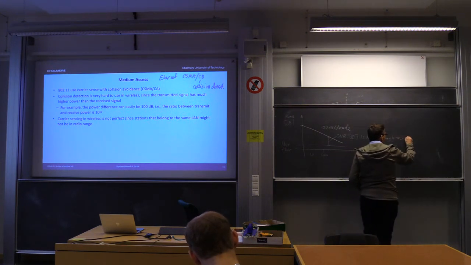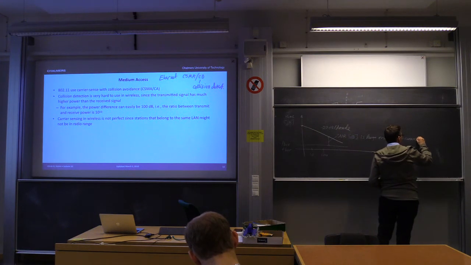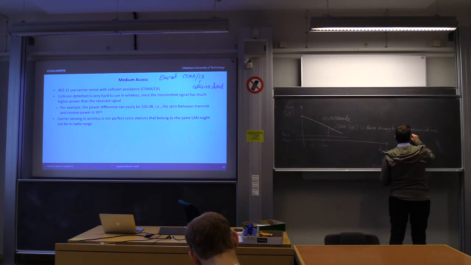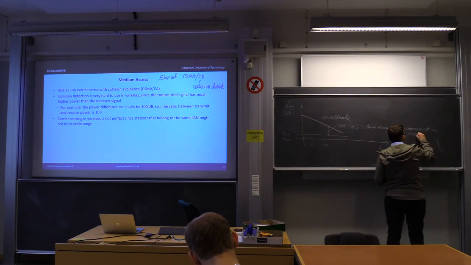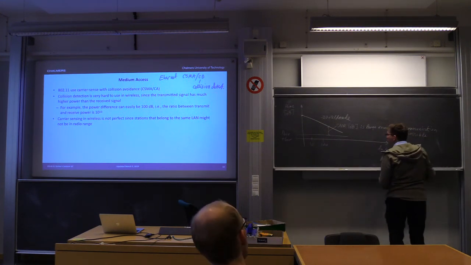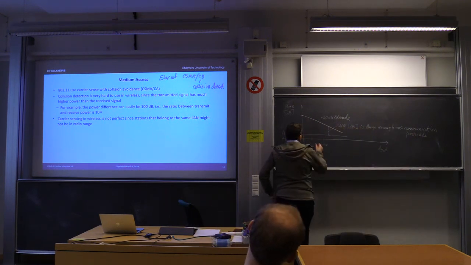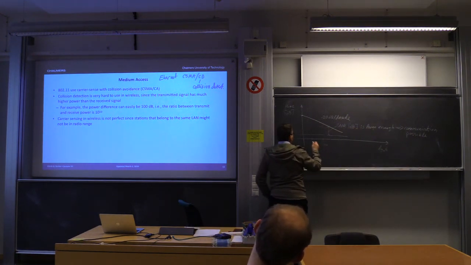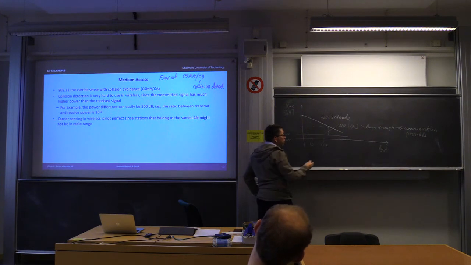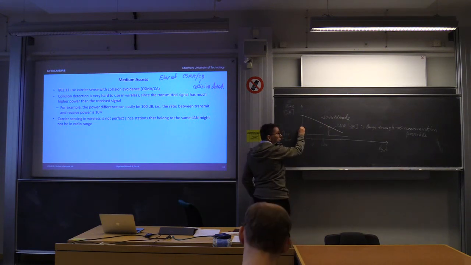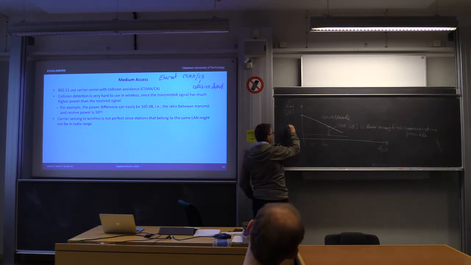Then we can communicate. So how much power do we need for this to happen? Suppose this is the smallest SNR we need for this to work. Then the smallest receive power for this to work is called the sensitivity.